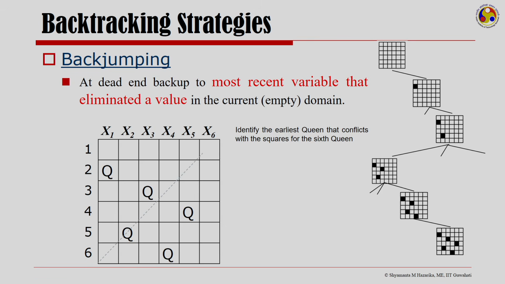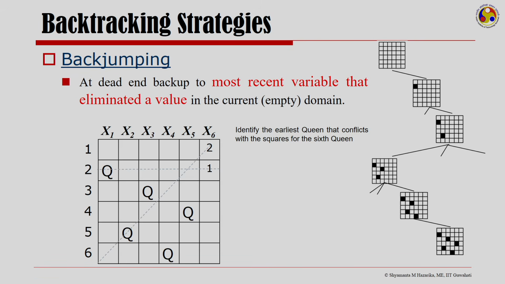So if I do this, I realize that it is my second queen sitting there, which is actually not allowing a queen in the first position on the sixth column. Next, if you look for the second position, you see it is the first queen. So I try to identify the queens that do not allow me these positions and try to record each of the earliest ones.